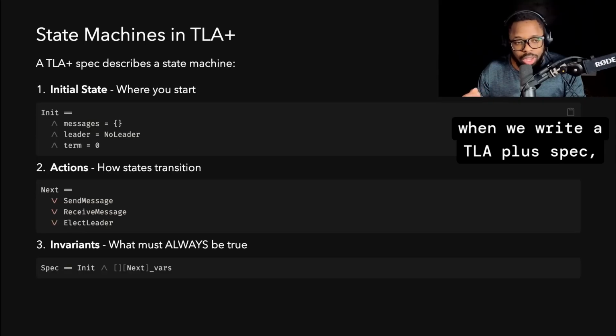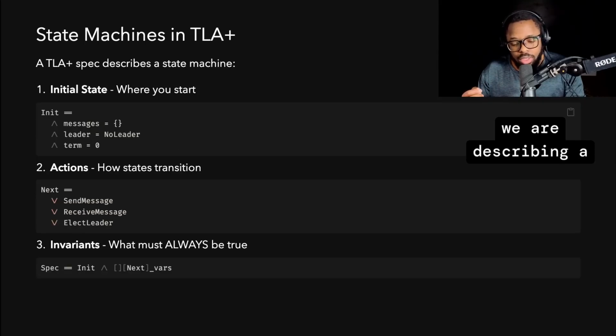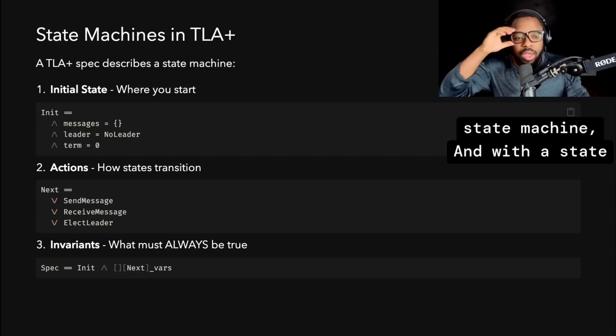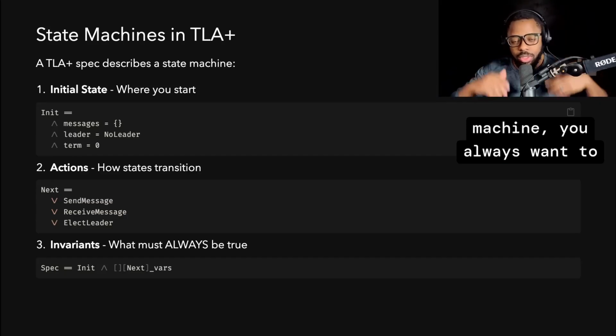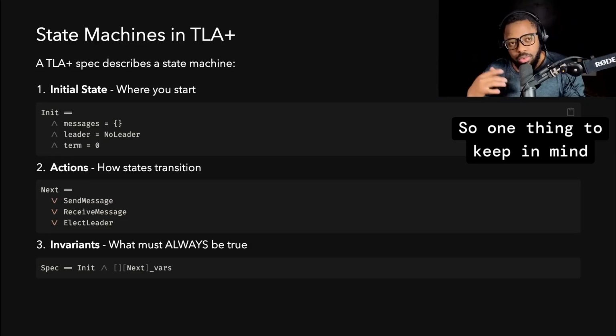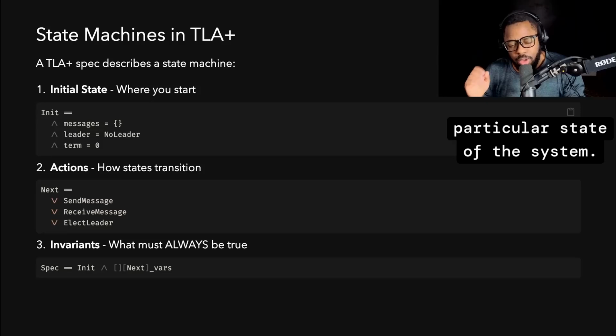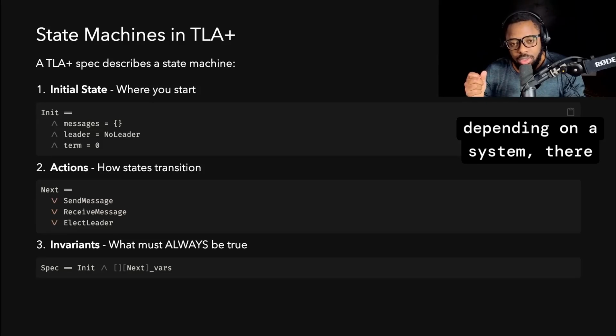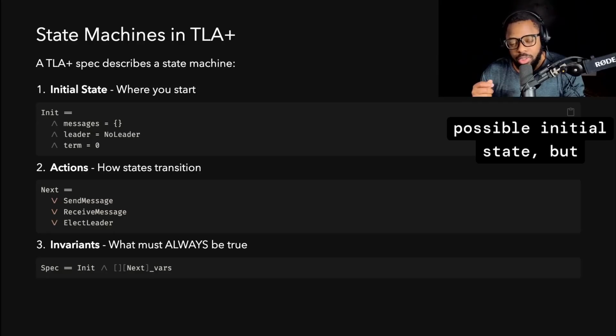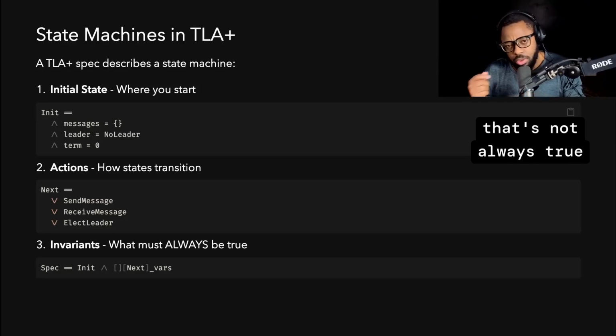When we write a TLA Plus spec, we are essentially describing a state machine. And with a state machine, you always want to have an initial state. One thing to keep in mind when we say initial state, it doesn't have to be a very particular state of the system. Depending on the system, there might be really only one possible initial state, but that's not always true.